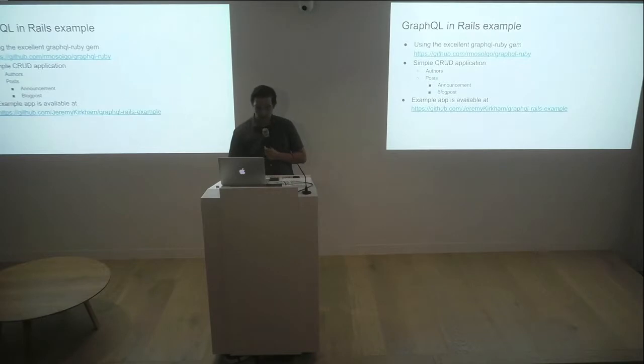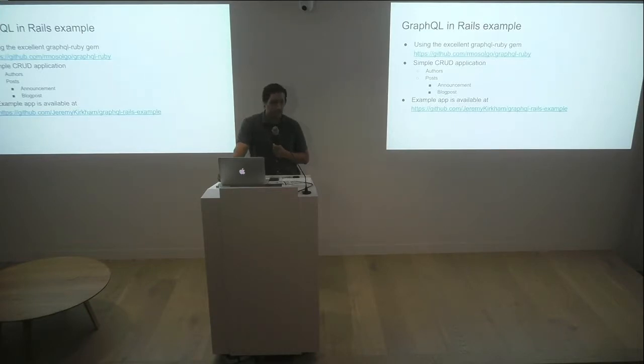I'm using the GraphQL Ruby gem, which is up on GitHub. I assume everyone will be able to get this presentation at the end, and the links in it are there. The example app is a pretty simple CRUD application. There's 2 models, authors and posts.